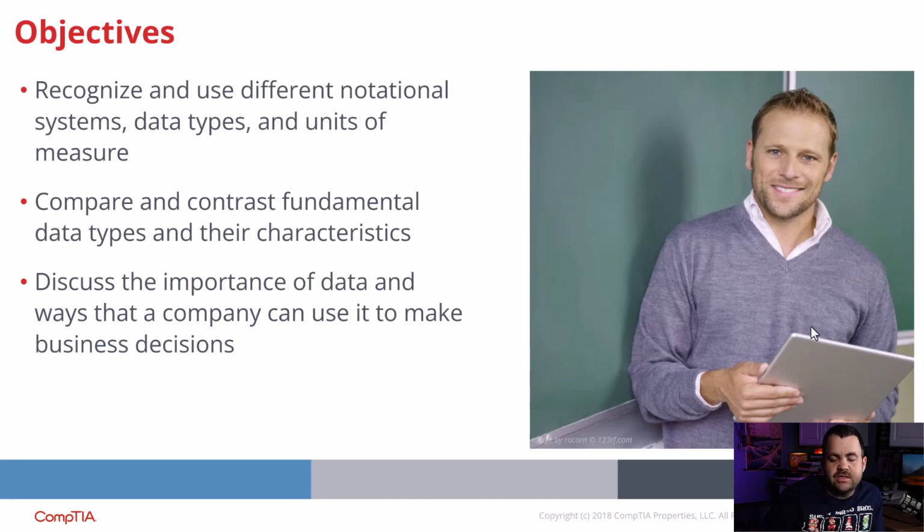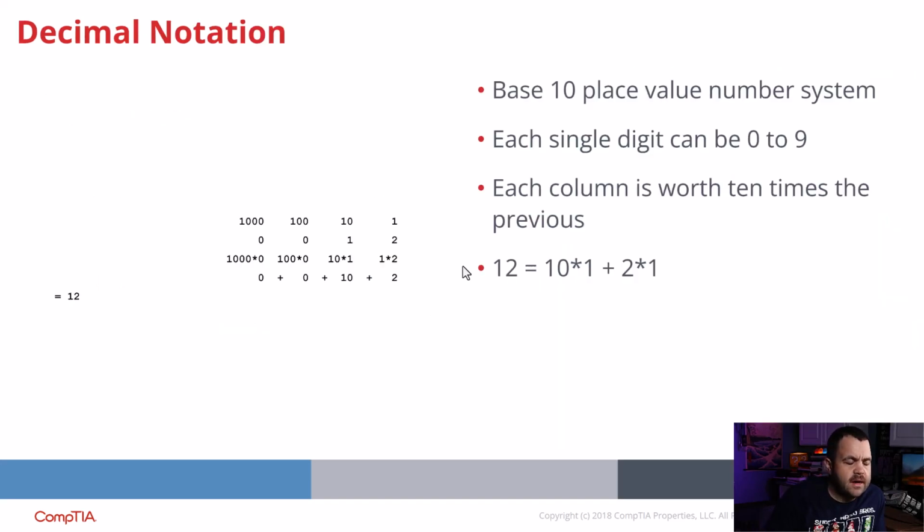They're just used for different things. So for the ITF+ test, you just have to be able to recognize them and what their purpose is, okay? We're also going to talk about different data types, and then we're going to finish up with how data applies to business, but then we're also going to cover some things on intellectual property and copyright.